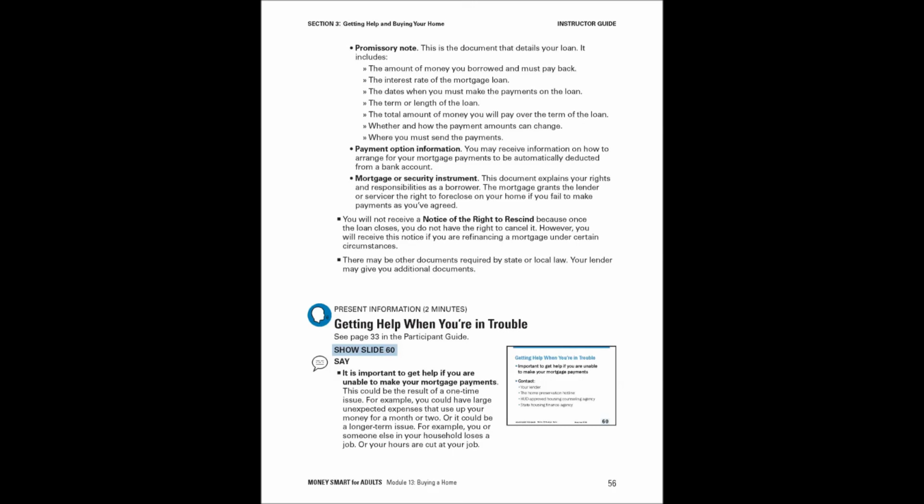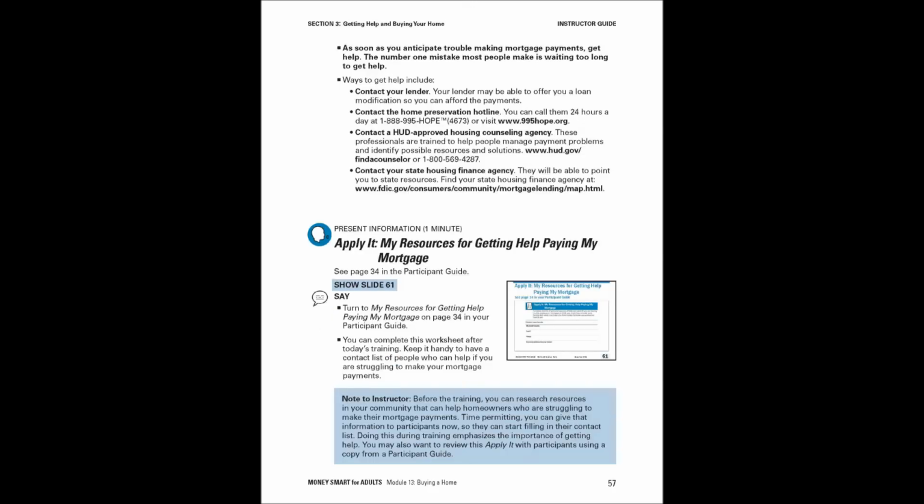Then finally, presenting information on getting help when they're in trouble. This is really about helping them understand where they can reach out in case they are having challenges with making their mortgage payments. There are options that you're going to share with them: contacting the lender, contacting the home preservation line, contacting a HUD-approved housing counseling agency, or their state housing finance agency.